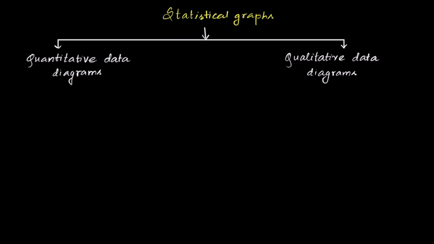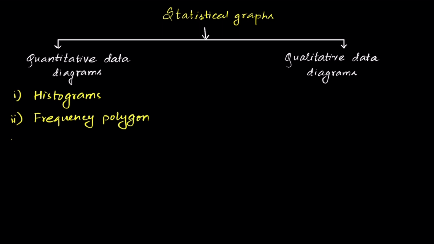For quantitative data, the statistical graphs used are: number one, histogram. So these are all for quantitative data. Number two, frequency polygon. Number three, frequency curve.